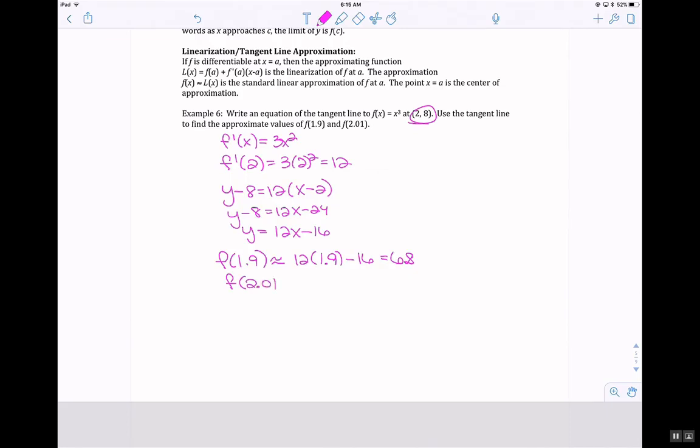And then f of 2.01 is approximately 12 times 2.01 minus 16, which is equal to 8.12. So f of 1.9 is approximately 6.8, and f of 2.01 is approximately 8.12.